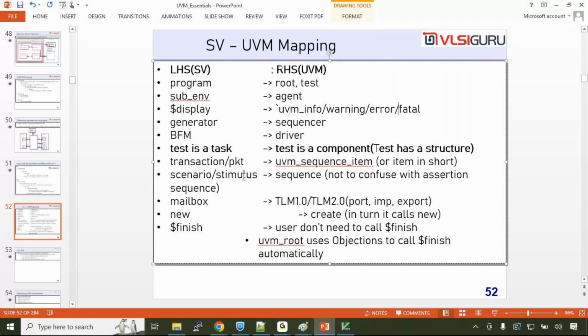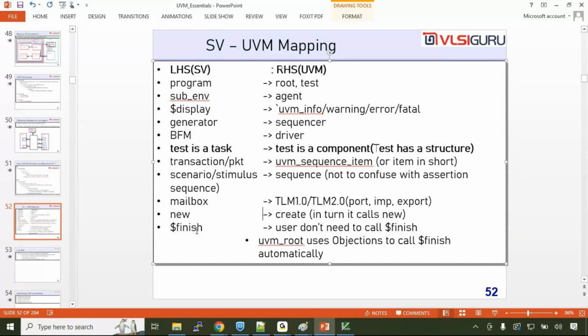Scenario or stimulus is called a sequence, not to be confused with the assertion sequence. In assertions we used to study sequence. That is different and UVM sequence is different. Mailbox is replaced with TLM 1.0 and TLM 2.0, the port implementation export concept. New is replaced with create.